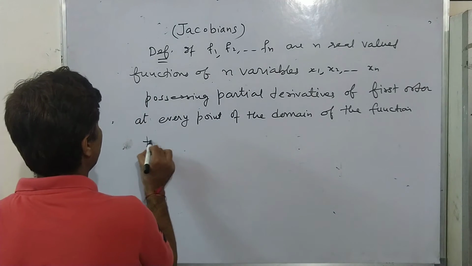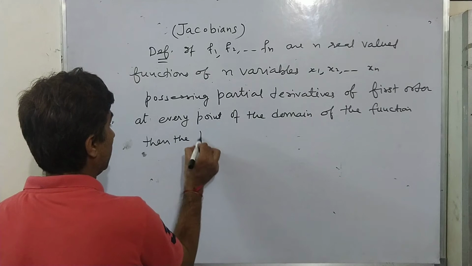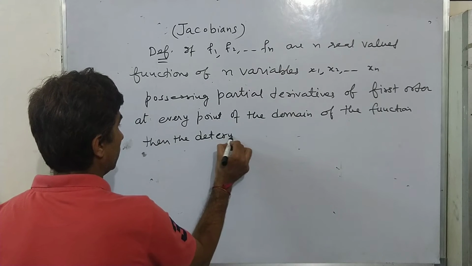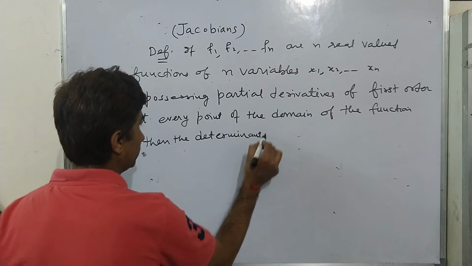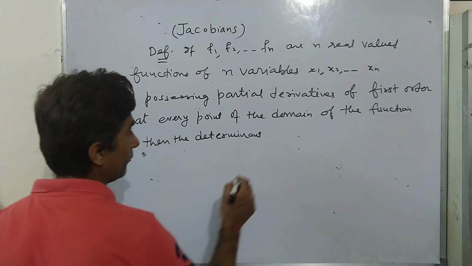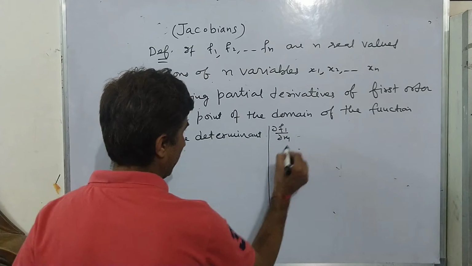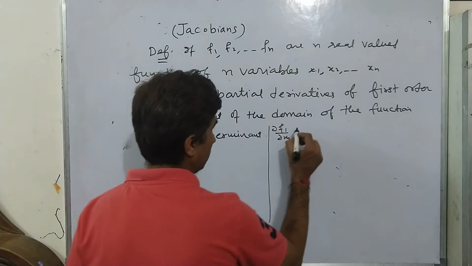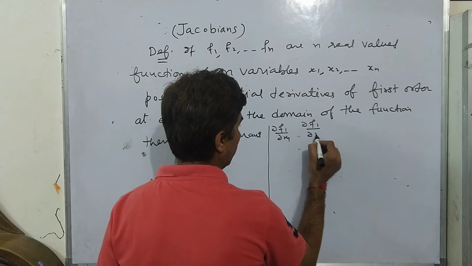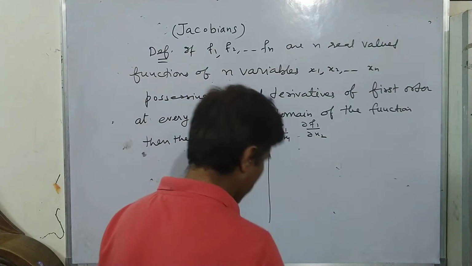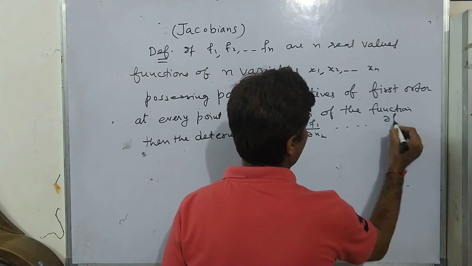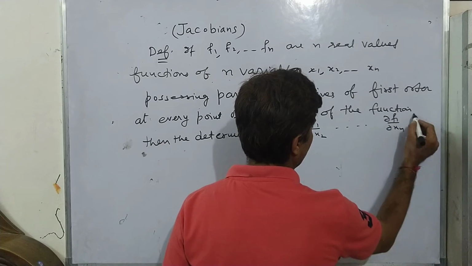then the determinant with first row ∂f1/∂x1, ∂f1/∂x2, ..., ∂f1/∂xn.